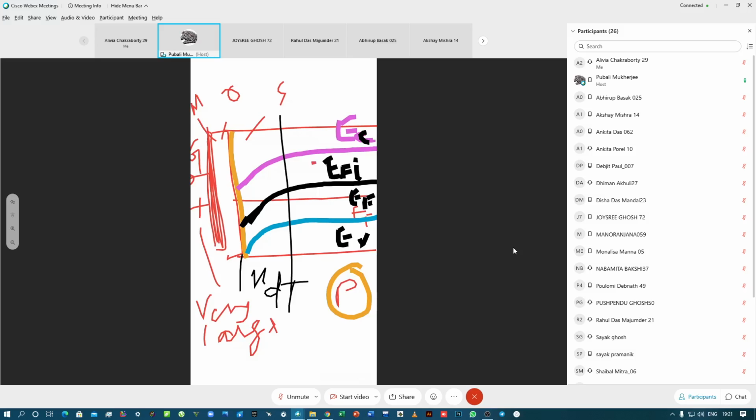This distance between the extrinsic Fermi level and the intrinsic Fermi level is called, as we have discussed earlier, e phi fp.